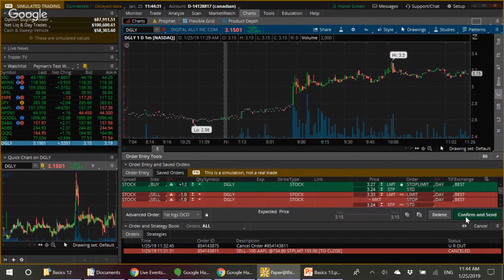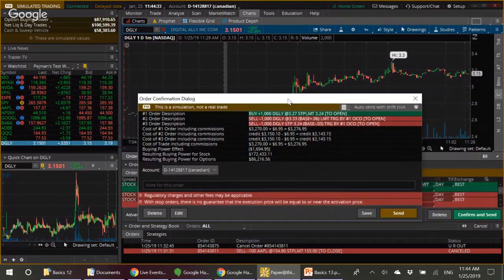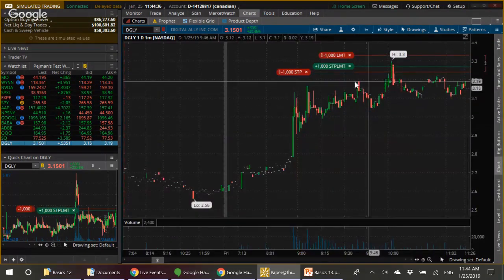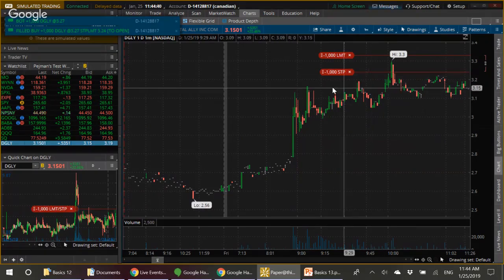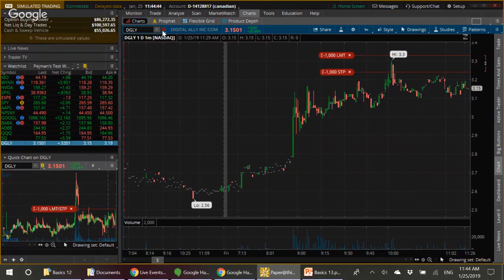If I hit confirm and send, you will see that my stop loss buy, which by the way got filled because I have delayed data here since I'm using paper money or simulated trading.